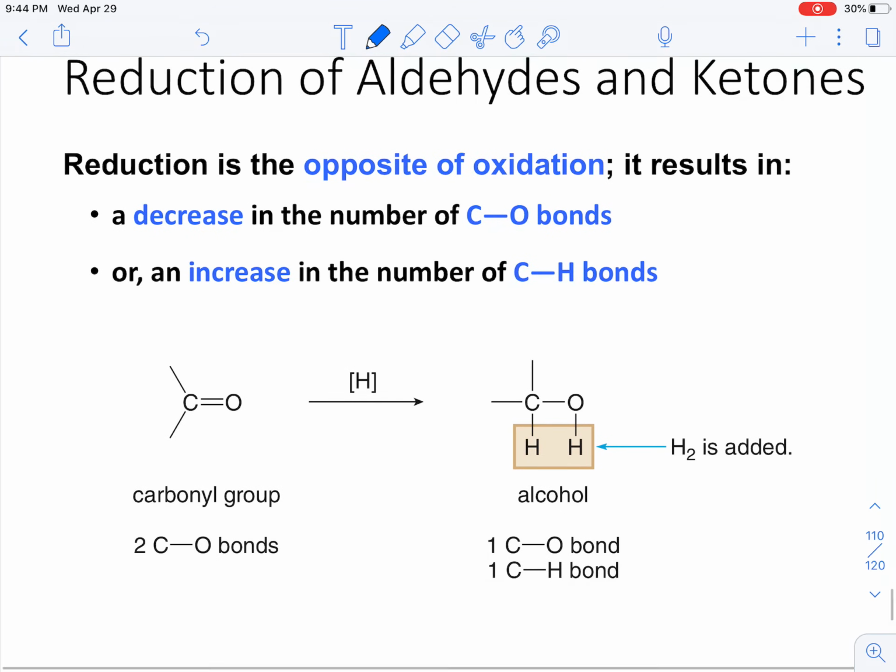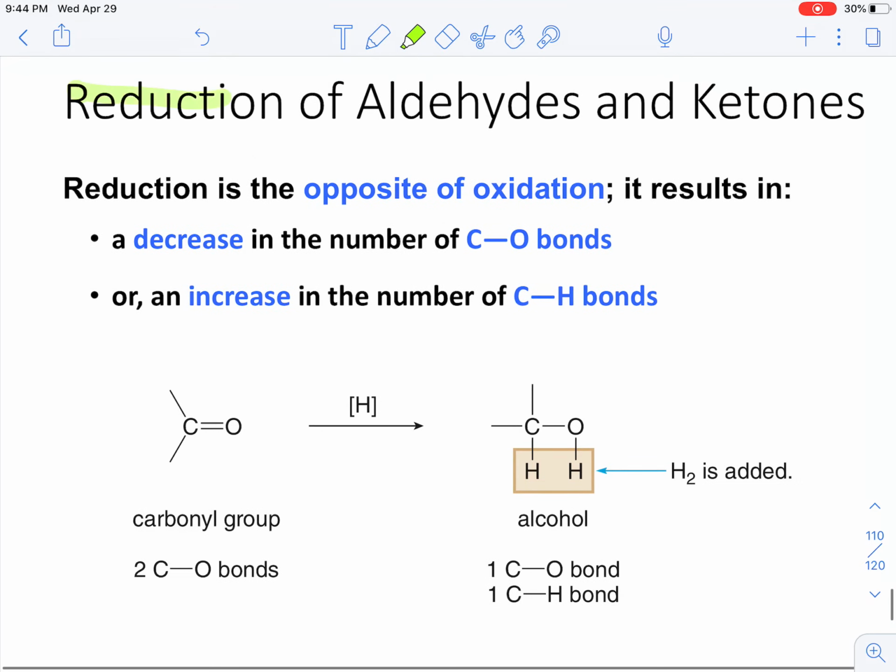So this just shows the general mechanism of a reduction process that's occurring on a carbonyl group to produce some type of alcohol. And so we're generalizing this as a carbonyl. We don't know if it's an aldehyde or a ketone. But in both scenarios, when we reduce a carbonyl group, we're going to add two hydrogens.